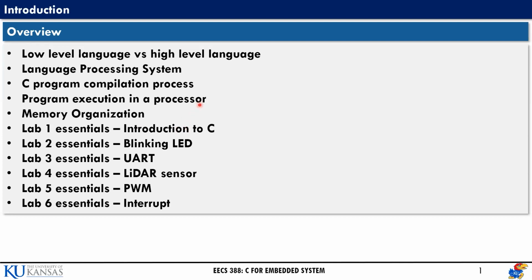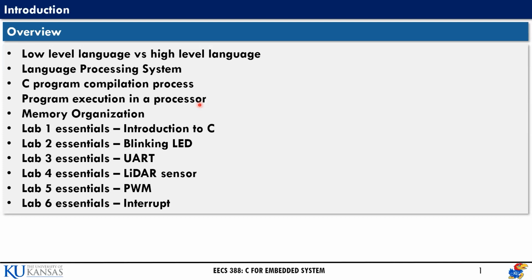So we are trying to understand the concept behind using the lower-level language on embedded devices. Next, we are gonna try to grasp the concept of the language processing system, where our source code is converted to a machine language code, and that runs on the CPU.